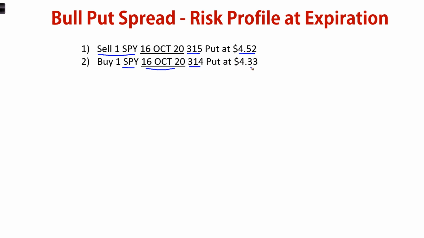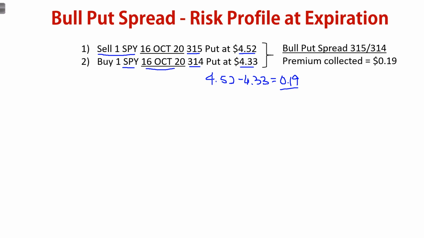And for this, we pay out a premium of 4.33. So when you take 4.52 minus 4.33, what we have is a net of 19 cents. And this will be our profit for the trade. So these two legs together give us our bull put spread, and it is annotated as such, 315/314. Premium collected we have already calculated to be 19 cents.